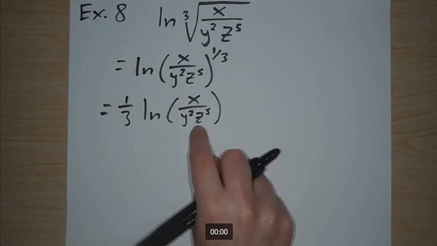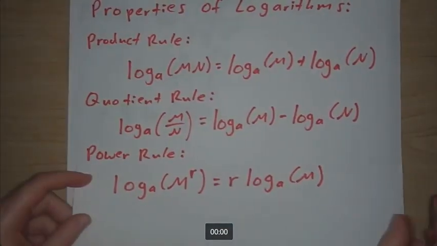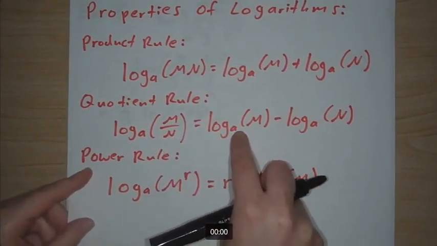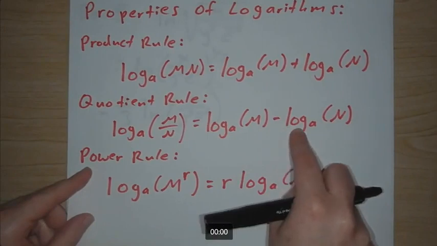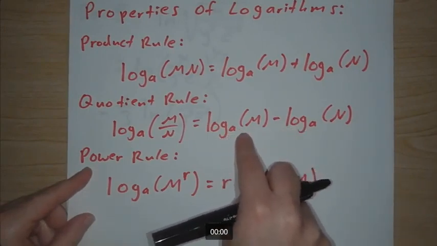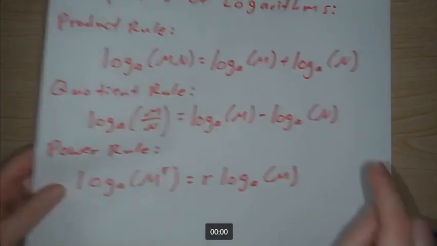And now we're going to look at the inside value of our ln. So we have x divided by y squared z to the fifth. Now that's a fraction. We can look at the quotient rule here. We have m divided by n, and we can expand this into a subtraction problem. Our numerator logarithm is subtracting our denominator logarithm.